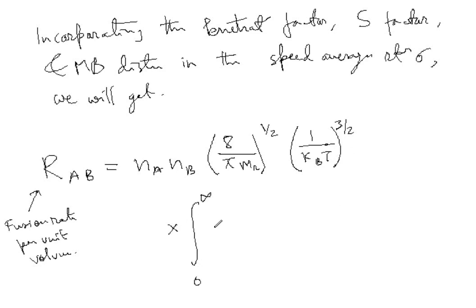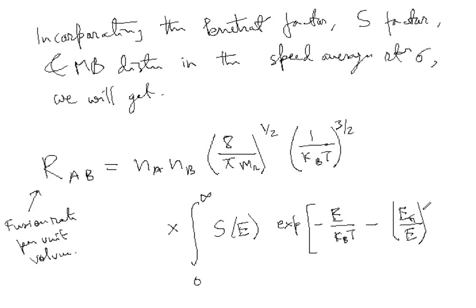So speed averaging, here is the S(E) into exponential minus E by k_B T minus E_G by E to the power half dE. This is the term. So fusion rate per unit volume, this is what we have.